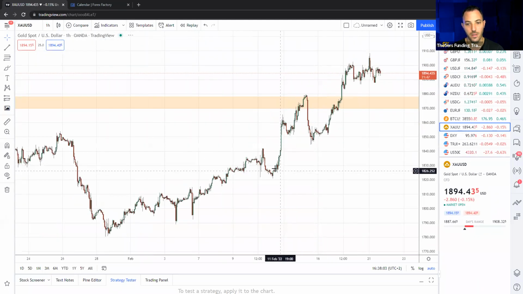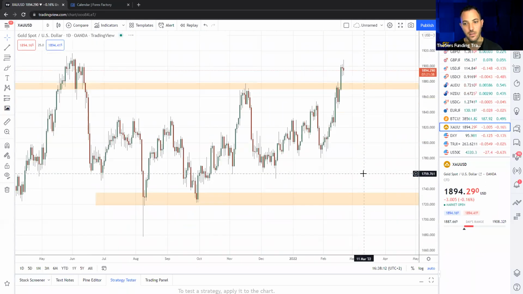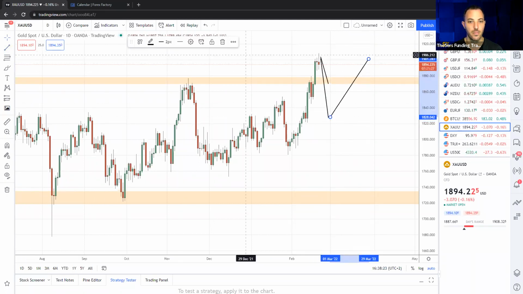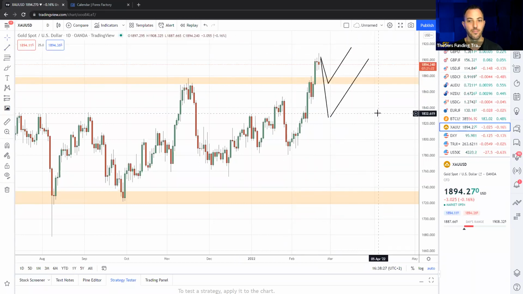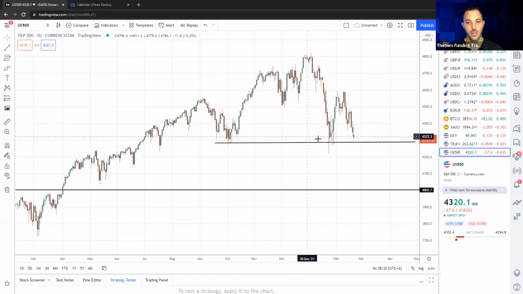We can see some demand being created. So we have one here, we have one here. So pullbacks on the dailies, pullbacks to those areas, that one or that one, are good opportunities to buy gold, especially if we see a break on the US market to the downside.